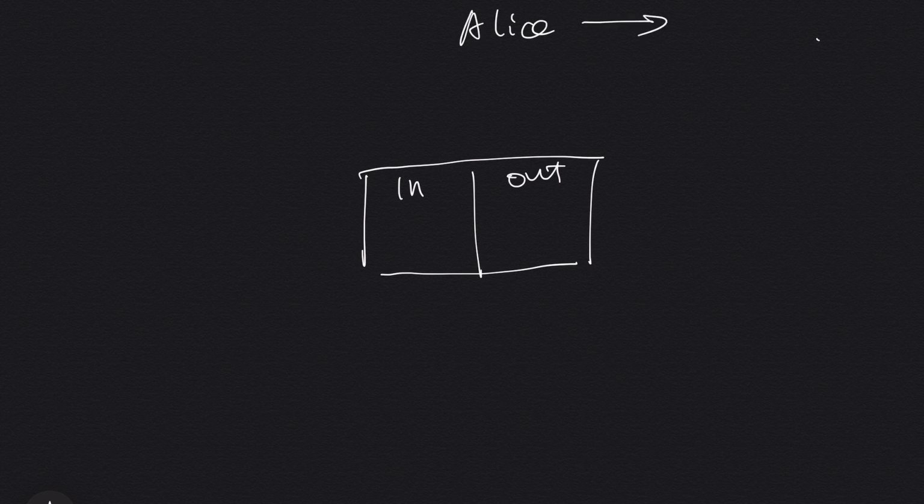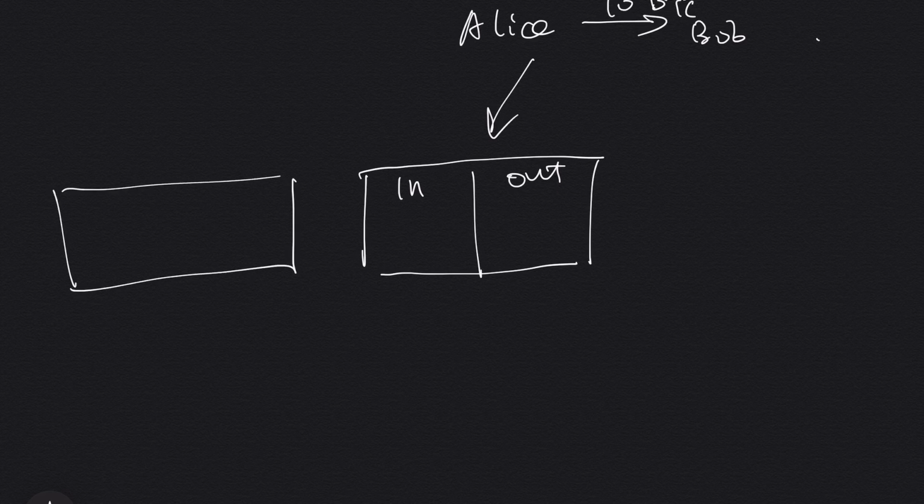Alice wants to send, let's say, 10 Bitcoin to Bob. So using this transaction to do that, Alice needs to reference a previous transaction output, which proves that Alice has more than 10 Bitcoins.